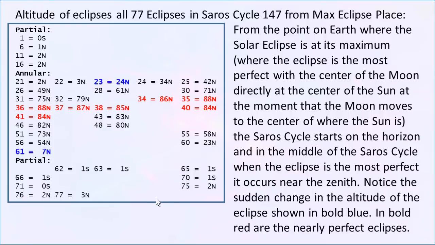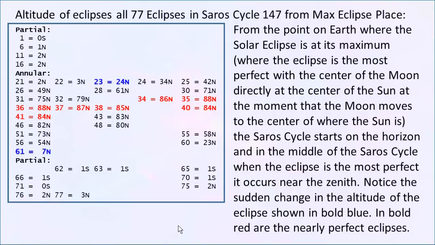So the altitude is much more steady and direct and simple than when we look at where the eclipse is in relationship to the geographic latitude on the Earth. The altitude is much more steady, but it changes speeds. It sits near the horizon for a long time, and then moves up, and they occur at the zenith when they're exact, and then it moves back down. So that's just what happens. It's just nice to know what's happening.